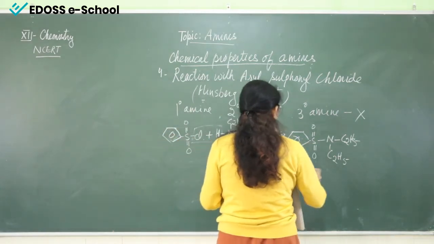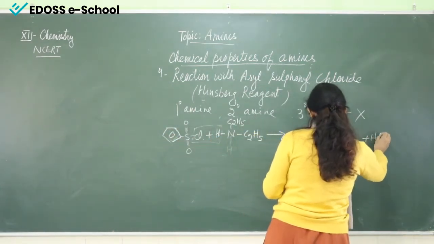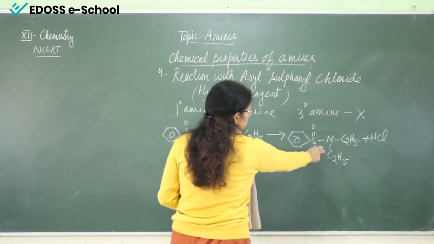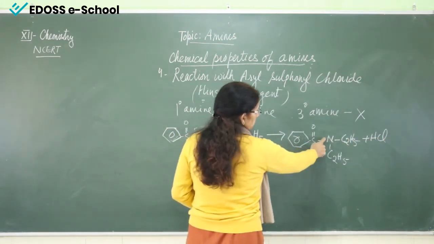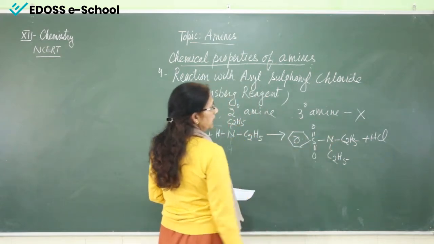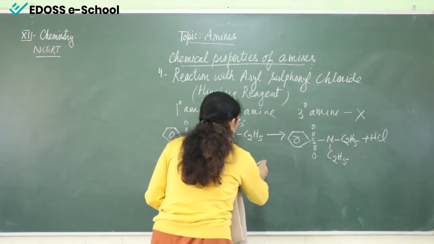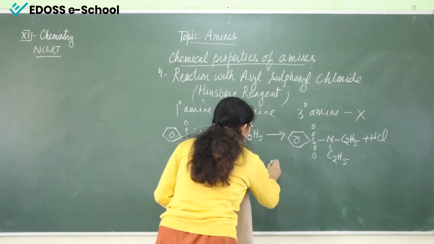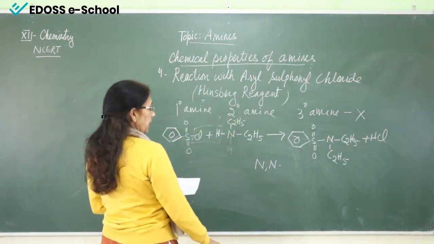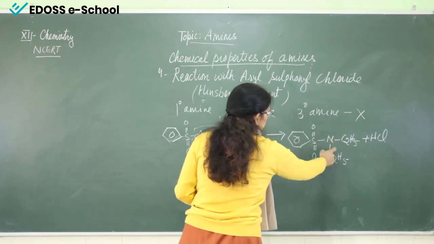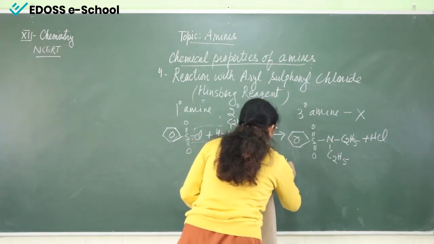So in this way HCl is given out. Now what is the name of this? You can see two ethyl groups and this group is attached here. So this is N, N, diethyl, two ethyl groups are attached, so this is diethyl.